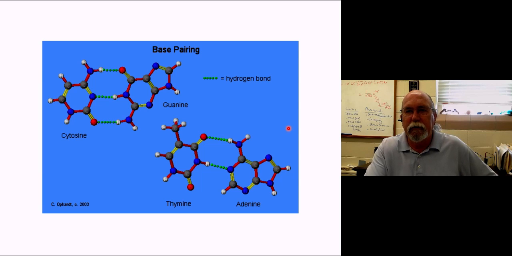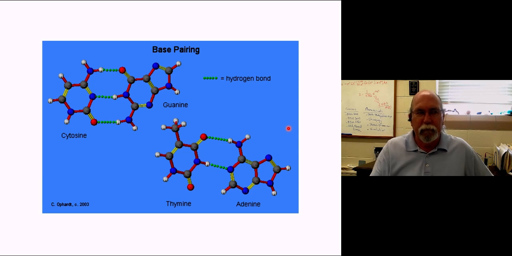Base pairing is the fact that if you take a purine and a pyrimidine, in this case cytosine and guanine, you're going to have 3 hydrogen bonds that are going to form. And if you pick another purine and pyrimidine, but this time it's thymine and adenine, you're only going to have 2. So A and T give you 2 bonds, G to C give you 3 bonds.